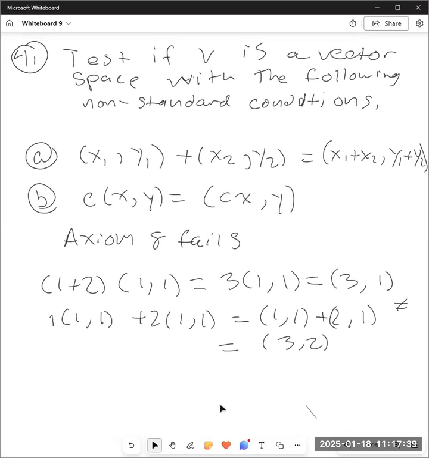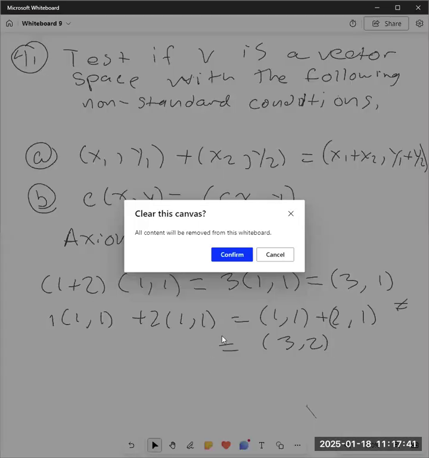Let's look at part B of problem number 41. This time we're going to change the definition of addition. So x1, y1 plus x2, y2 is going to be equal to x1, 0.